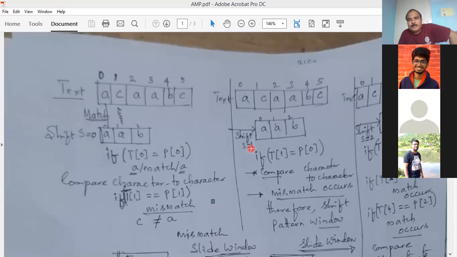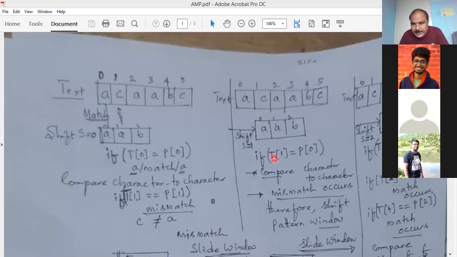Now we have shifted the window of the pattern by one position. Then again compare the 0th index of the pattern with index 1 of the text.